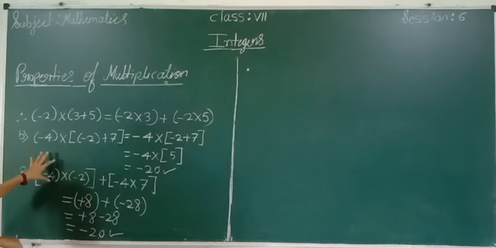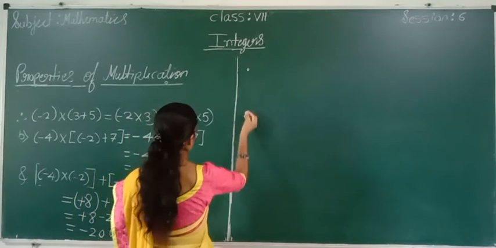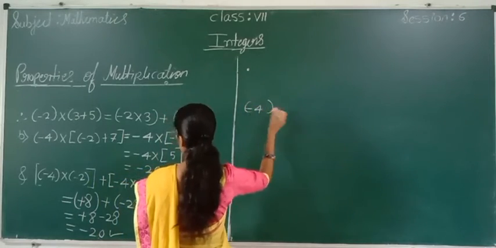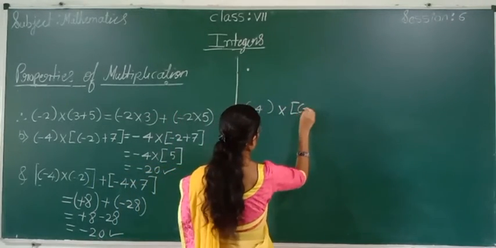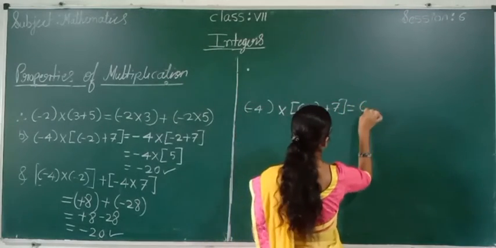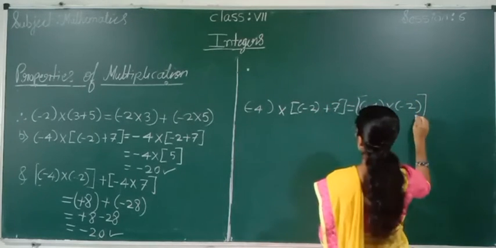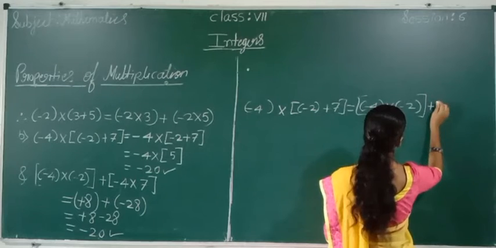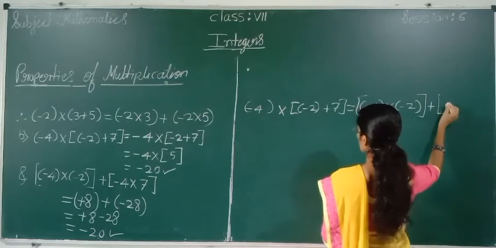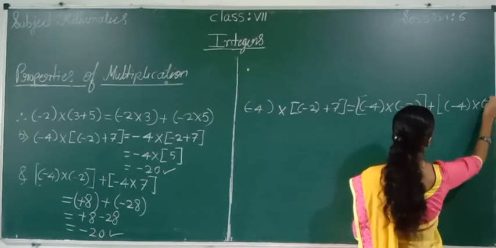Distributivity of multiplication over addition is true for integers also. From these two, what can we write here? From these two we can write minus 4 into minus 2 plus 7 is equal to minus 4 into minus 2 plus minus 4 into 7.